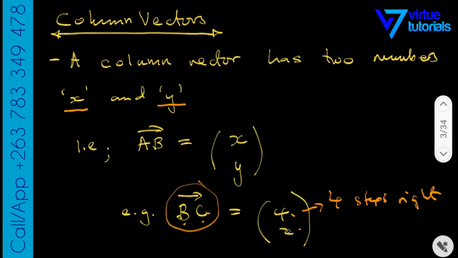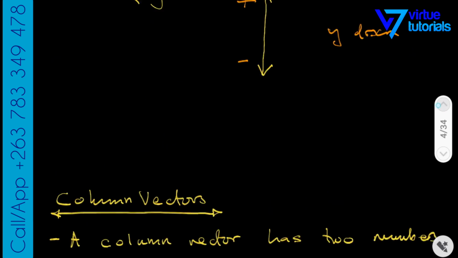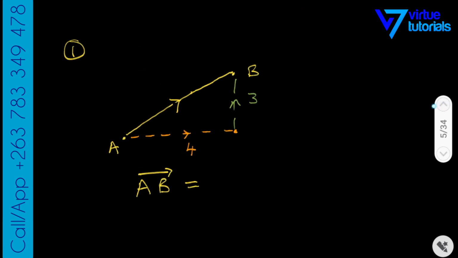Now in our example here, the number here was positive, so this describes 2 steps up. So if you want to move from B to C, first move 4 steps to the right and then move 2 steps upwards. That's what this means. It means move 4 steps to the right and 2 steps upwards. That's how you go from your B to your C.